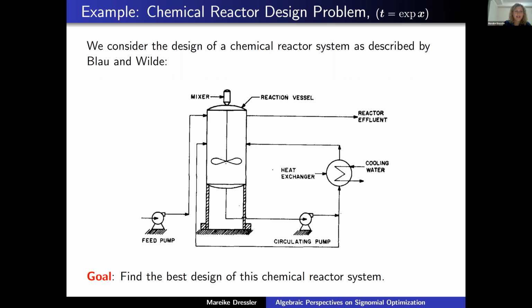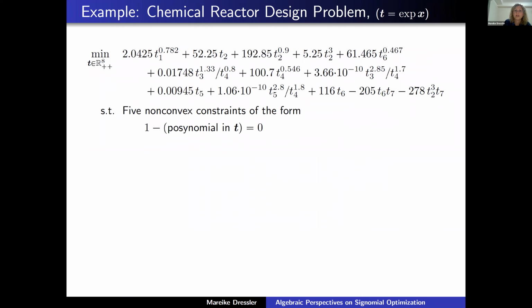So we want to design the system to produce something while optimizing some economic criteria, like we want the cost to be minimized and the profit to be maximized, for instance. And this can be written as this proper signomial program here.